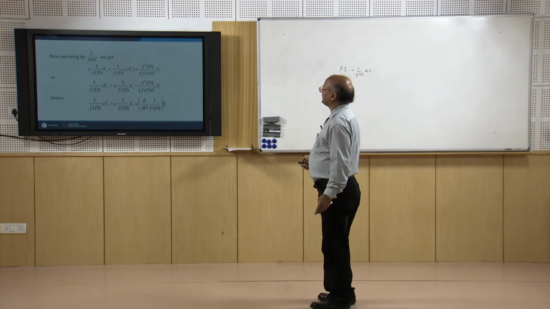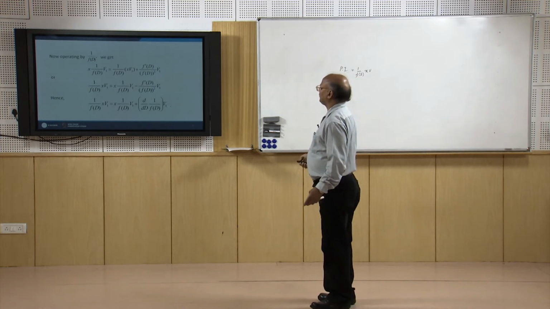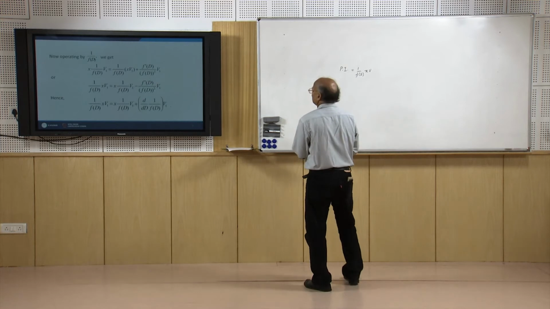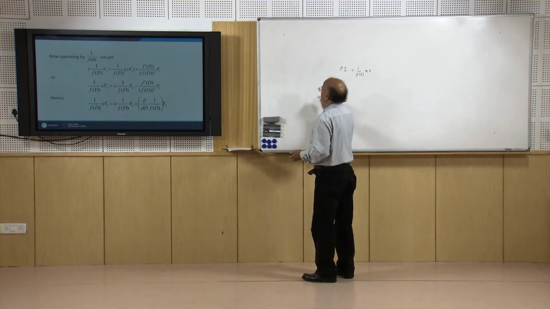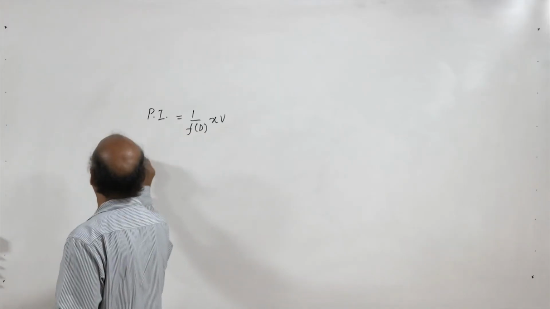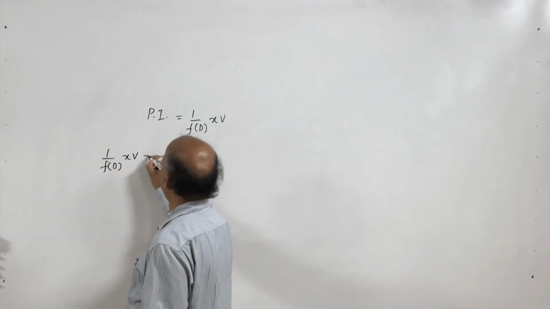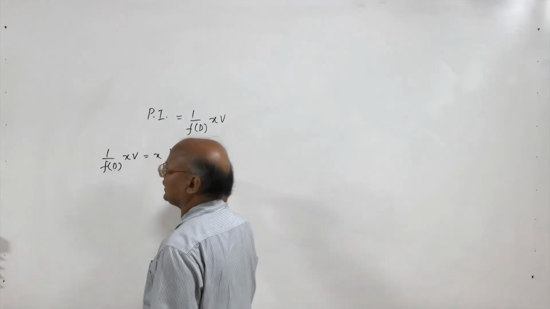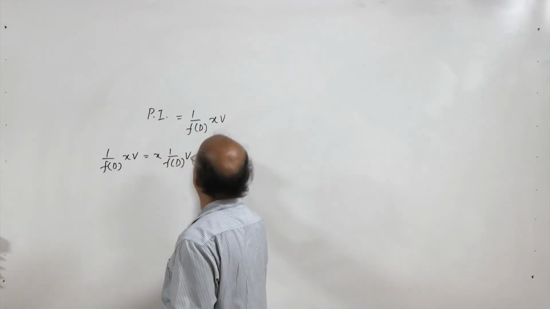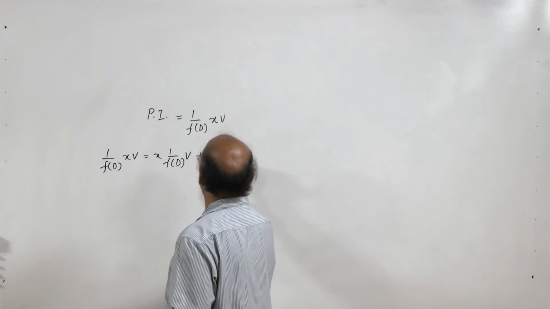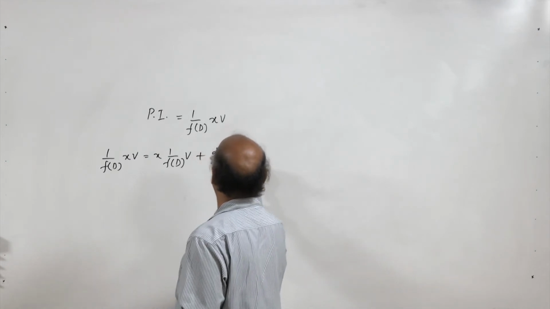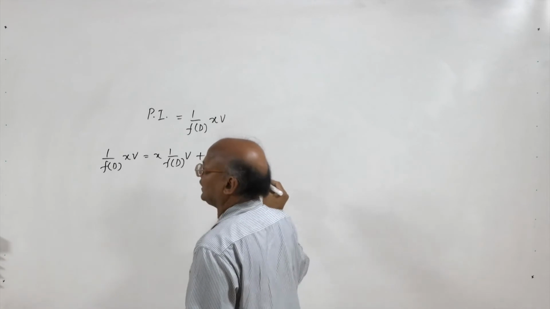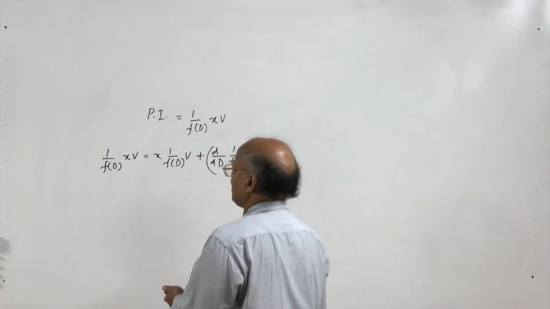So, we can write this formula for V: 1 over F(D) operating on x into V gives you x 1 over F(D) operating on V, and then d over dD of 1 over F(D) operating on V. This is the formula.